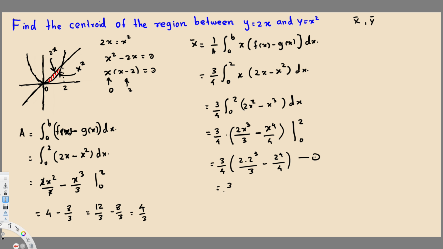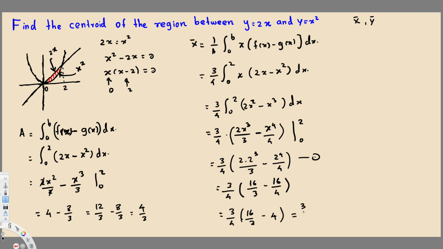And this is going to be 3 over 4, and then 2 times 2 gives 4, times 2, that's going to be 16 divided by 3, minus 2 power 4 is 16, 16 divided by 4. Then we have 3 over 4, 16 divided by 3, and 16 divided by 4 is just going to be 4, and then we can take 3 as our common denominator.